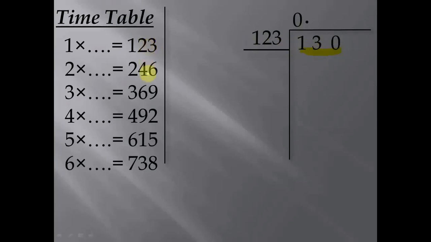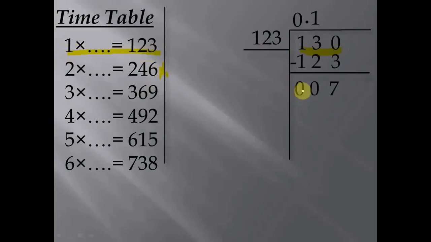Search for 130, not found. Search for a number bigger than 130, no. Bigger than 130, yes. Cancel this number and take this product. 1, write it up. Second number, write it under the dividend and subtract.